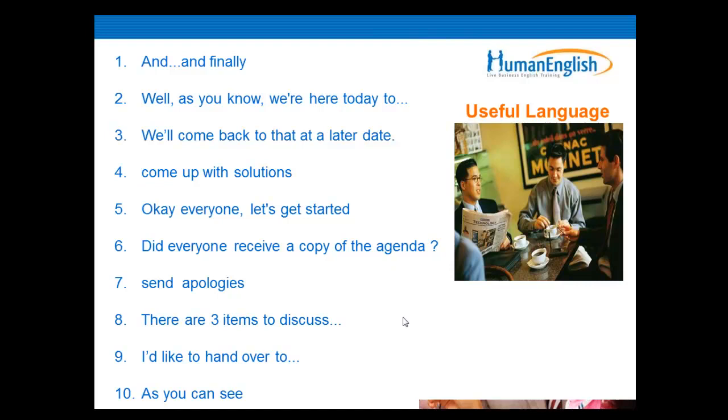Okay, everyone, let's get started. Sylvie sends her apologies. She's tied up with the American visitors working on the new branding project. She'll join us a bit later. Well, as you know, we're here today to look into ways of streamlining operations as a result of recent negative feedback and to come up with cost-cutting solutions. Did everybody receive a copy of the agenda? Well, as you can see, there are 3 items to discuss.